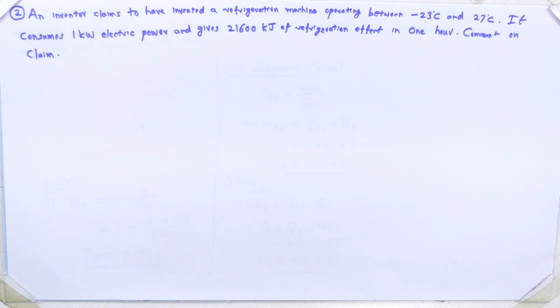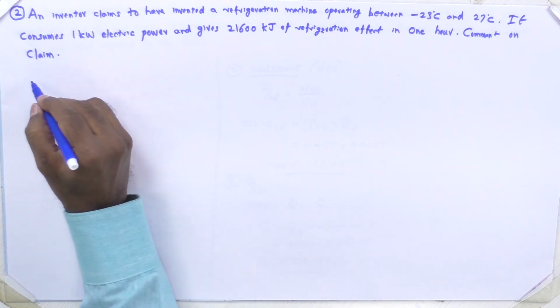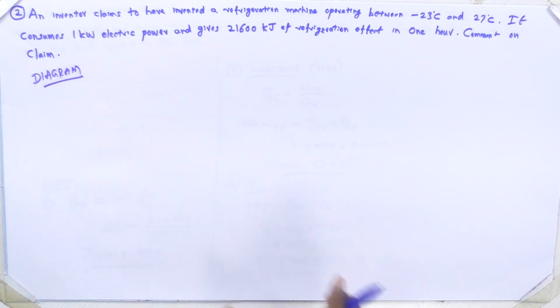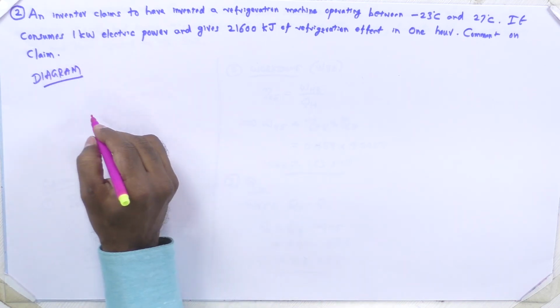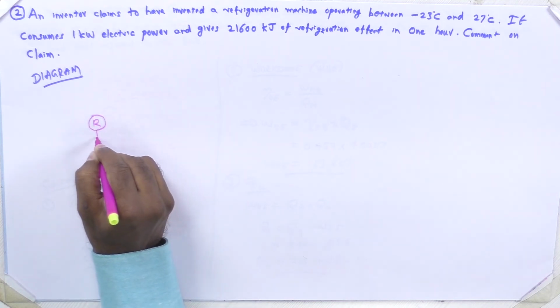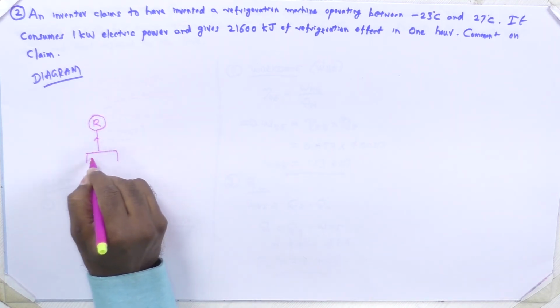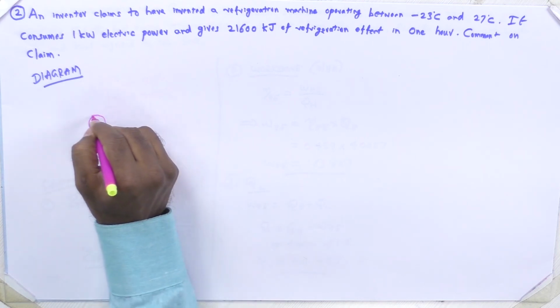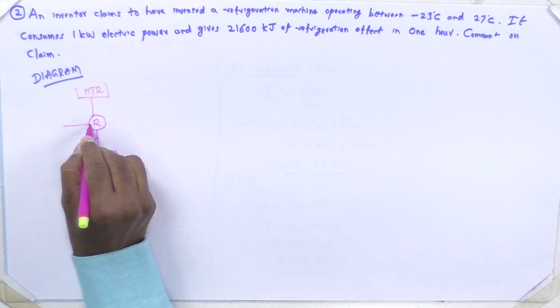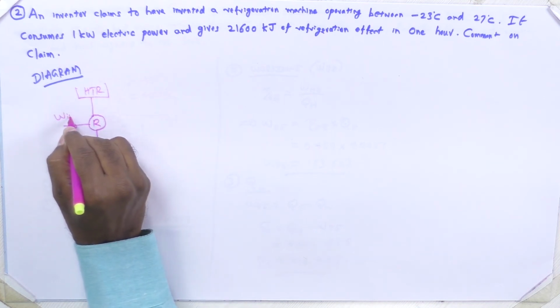Now let us draw the diagram of a refrigeration system. Here it is a refrigerator operated between two temperatures: a lower temperature reservoir and a higher temperature reservoir, and a work input is given to the refrigeration system.